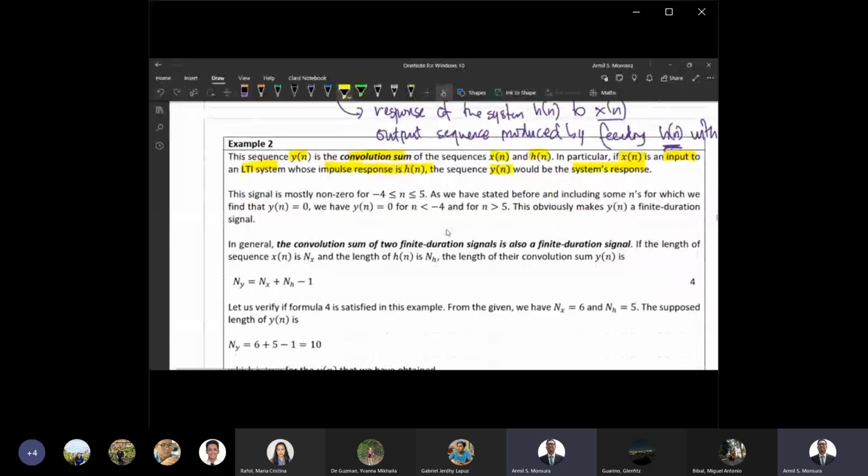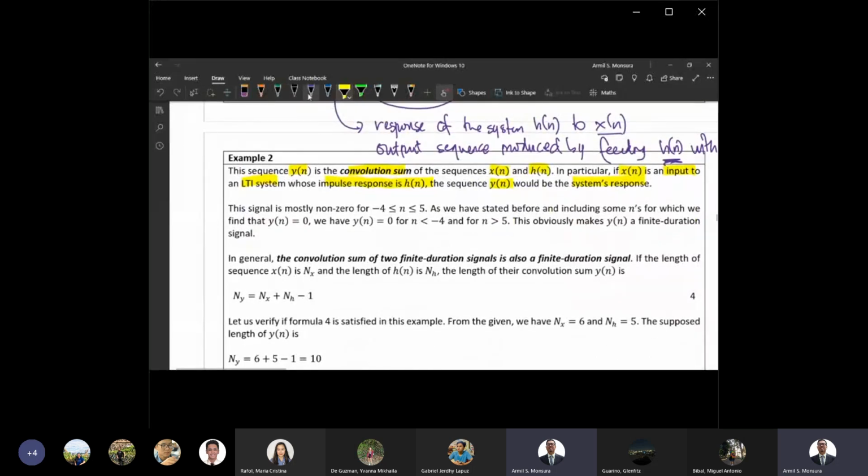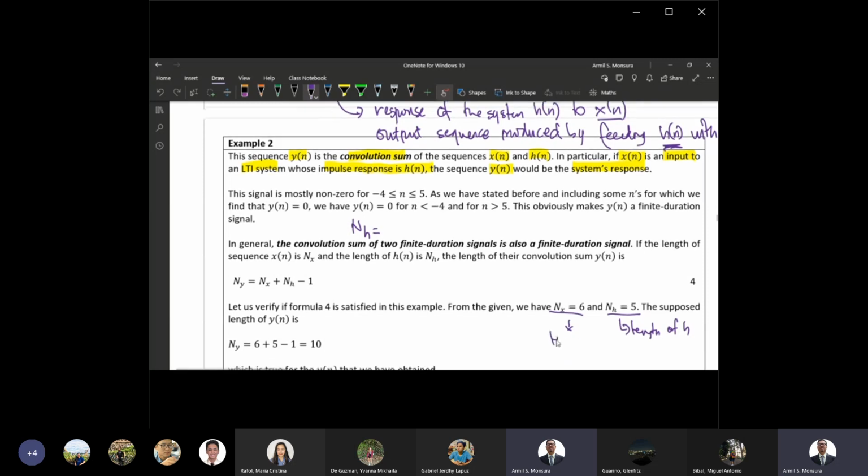Ayun, ito na pala. Ang Nh natin is 5. This is the length of h, while this is the length of x. Length means the number of terms, or the number of sample values.